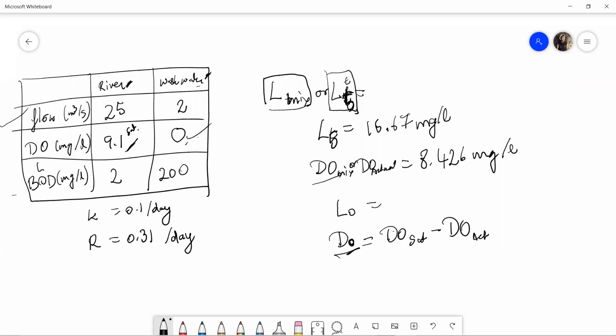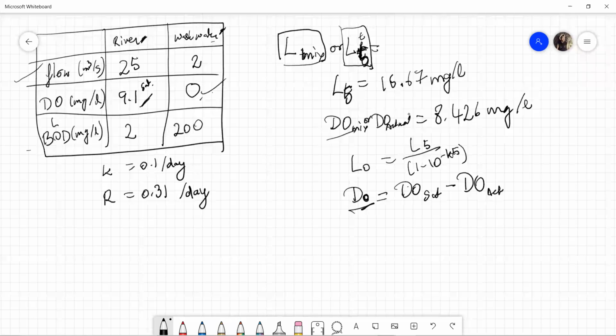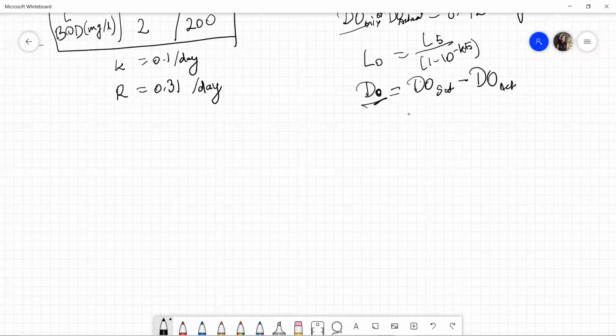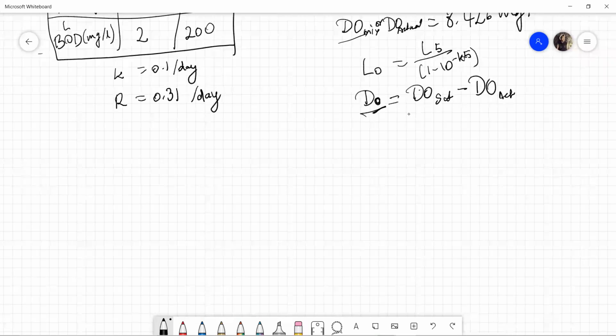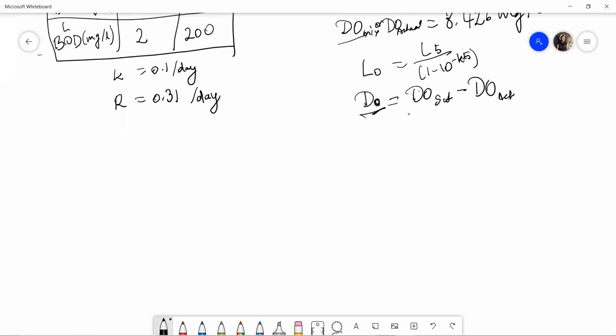L naught is L of T or L5 divided by 1 minus 10 to the power minus K into 5, where T is 5. Once you find out L naught and D naught, what you have to do is you have to find out what?